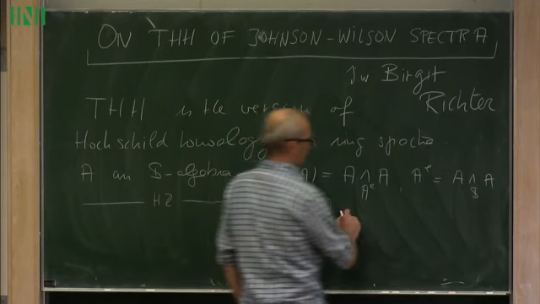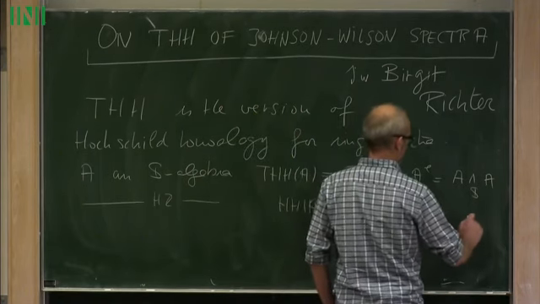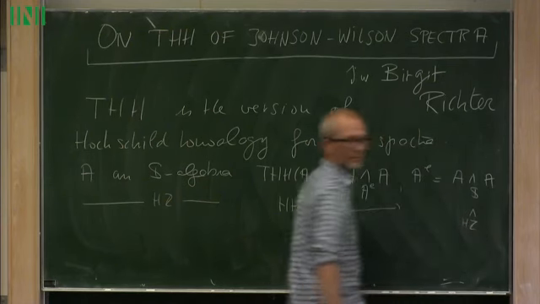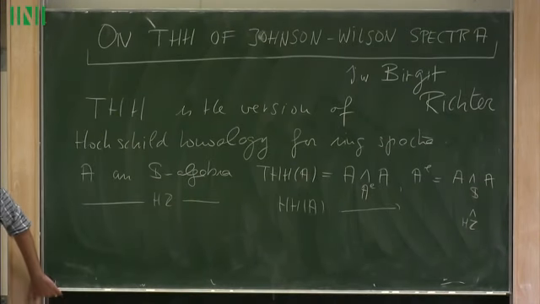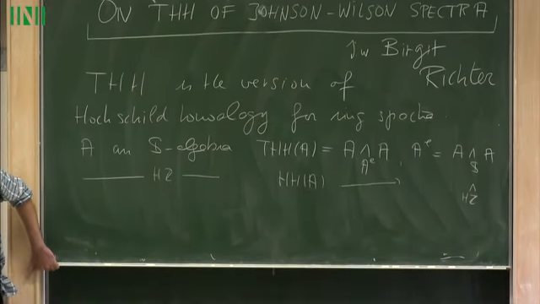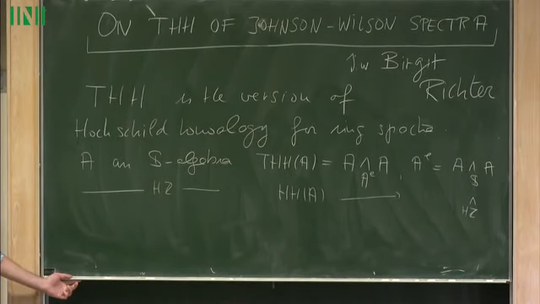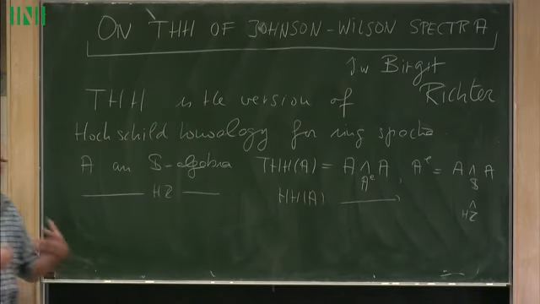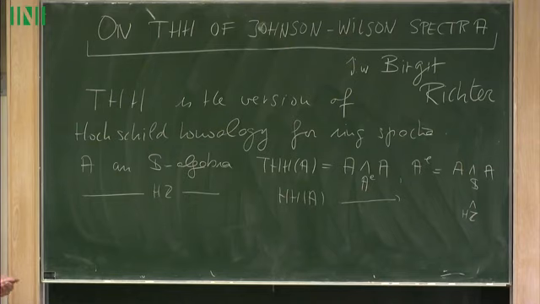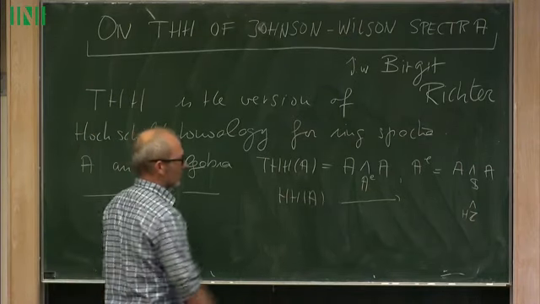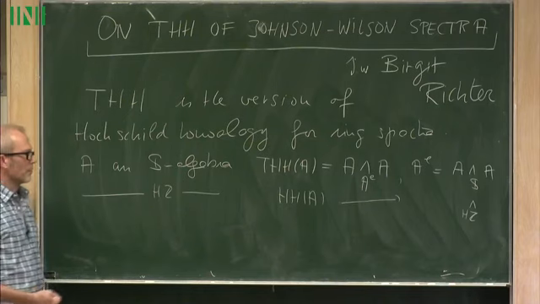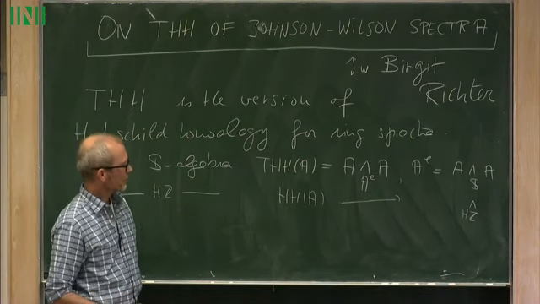Well, here we need to put HZ. Okay, what's the main interest of this theory, or at least a main interest, is that you have a circle action on Hochschild homology that allows you to define cyclic homology, and that's somehow the input for the theory of cyclic homology, which is a great rational invariant of algebraic K-theory of ring spectra.